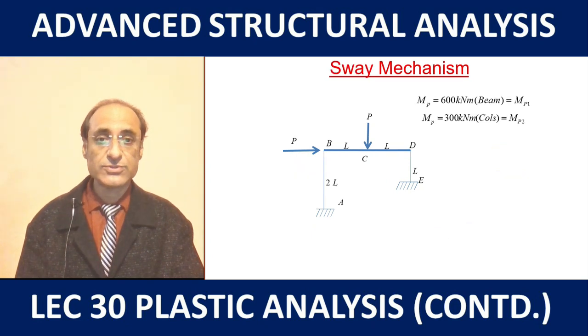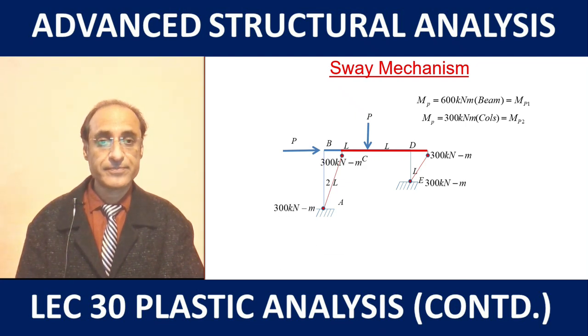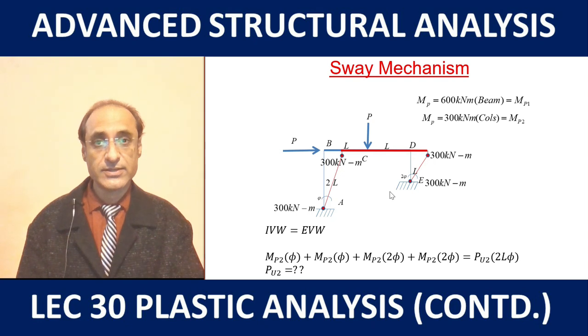Next we come to the sway mechanism, and here the hinge formation will be like this, again in the columns only. At all the 4 locations the plastic moment will be 300 kN, and nowhere we will have 600 kN. Here are the rotations when we apply an infinitesimally small virtual displacement in the form of rotation. Here we have the angle phi, and here we have 2 phi, and we can again set up the equations of the internal and the external virtual work.